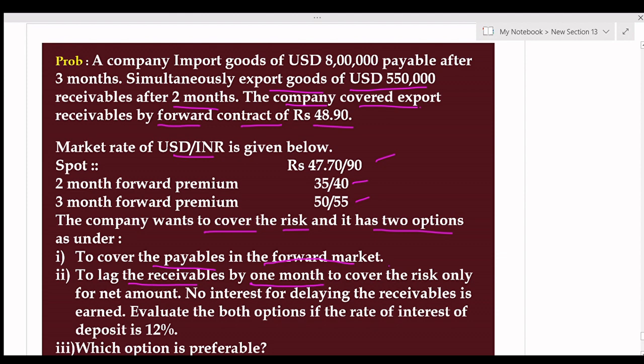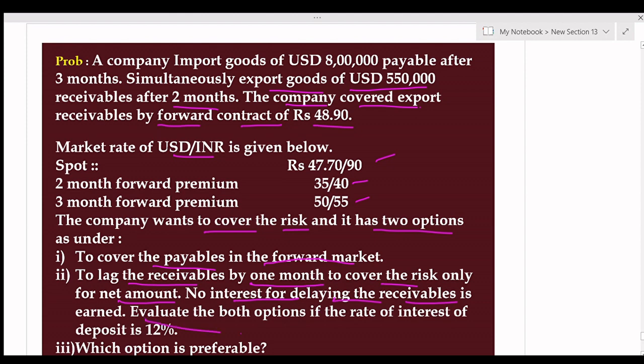So the exporter wants to defer 1 month to adjust it, covering the risk only for the net amount. No interest for delaying the receivable is earned.